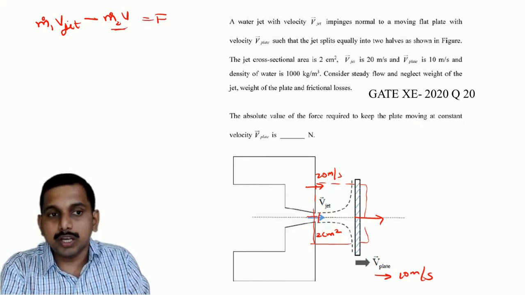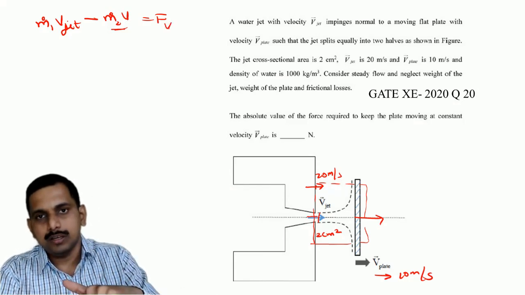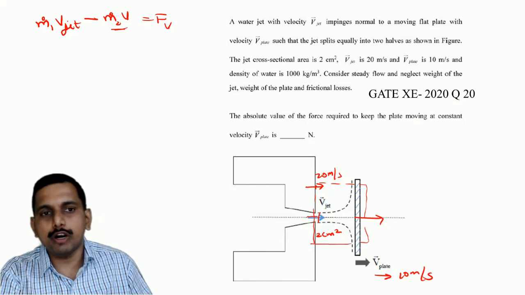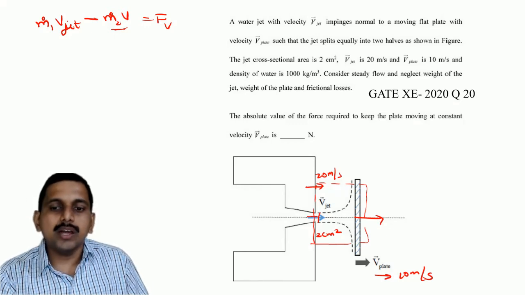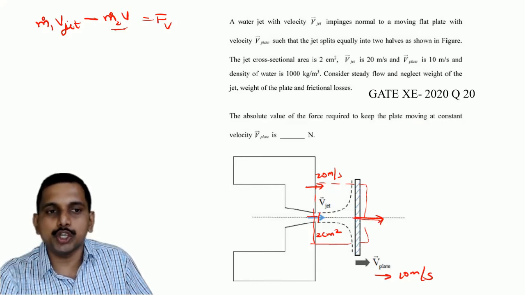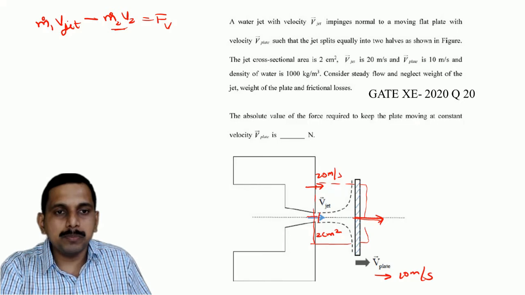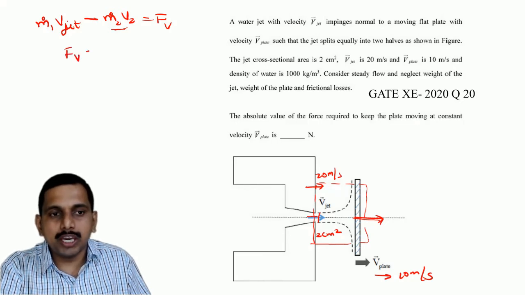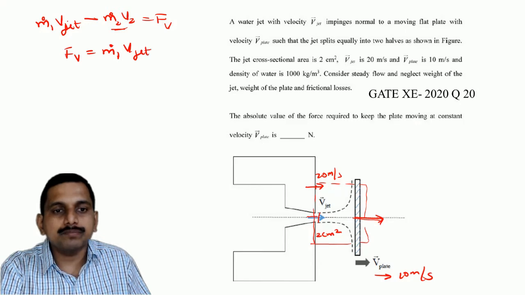Sorry, this is the force on the vane, because it is m2 minus m1 for the fluid, and m1 minus m2 for the vane. Now one thing we have to understand is that the velocity in this direction, v2, is 0. So the force on the vane is equal to m1 dot into v of jet.